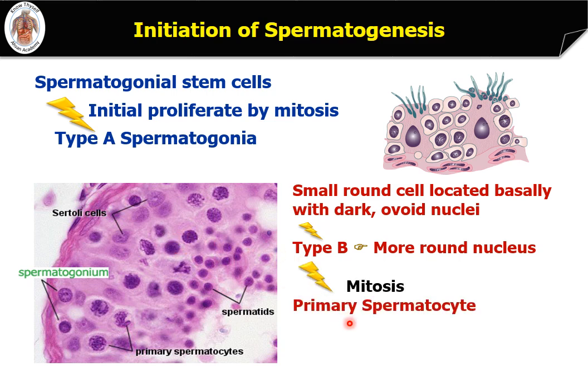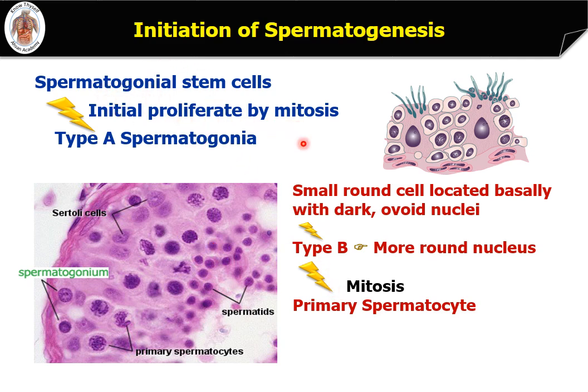This might be the B, and they divide by mitosis a few times, maybe two or three, and then differentiate into primary spermatocytes. Primary spermatocytes undergo meiosis. This is the primary spermatocyte level, and they start to divide meiotically.